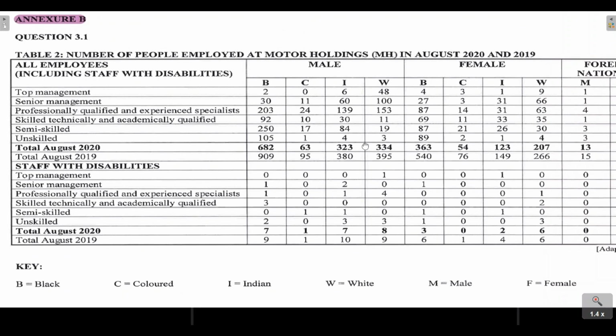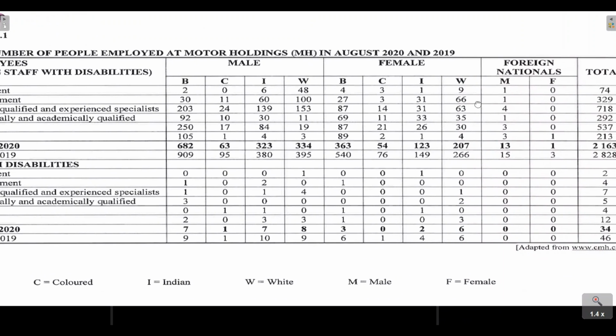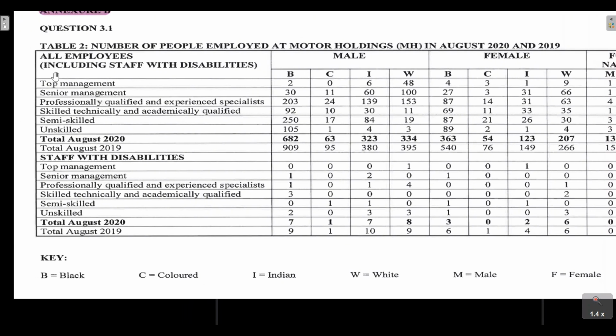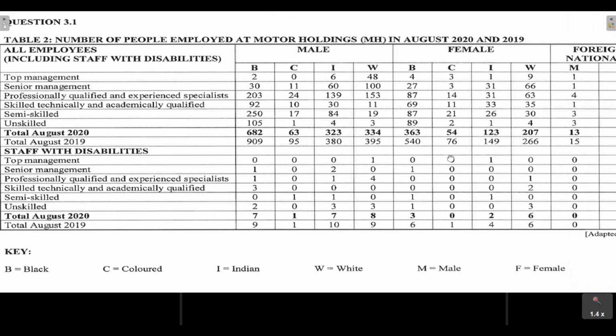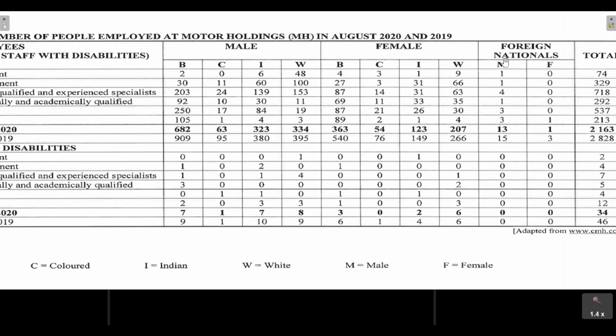Then we're given a row with the males, the females, and the foreign nationals within these categories. Then we're given B, C, I and W: B stands for black, C is the coloured, I is the Indian, W is the white, and M and F are male and female.